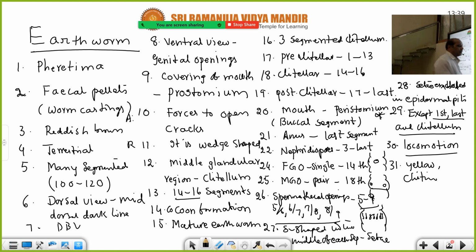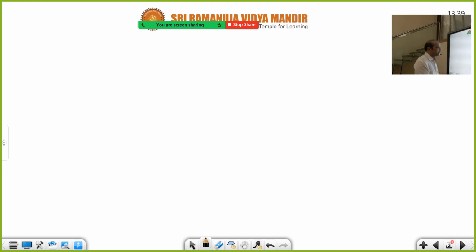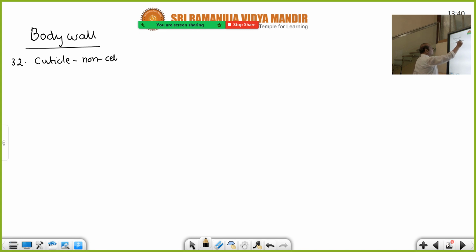Now let us go to the next page. Body wall. Anatomy of earthworm or body wall. So these body wall layers already I told you. Cuticle, first layer. When it is asked, it should be mentioned like this: non-cellular.